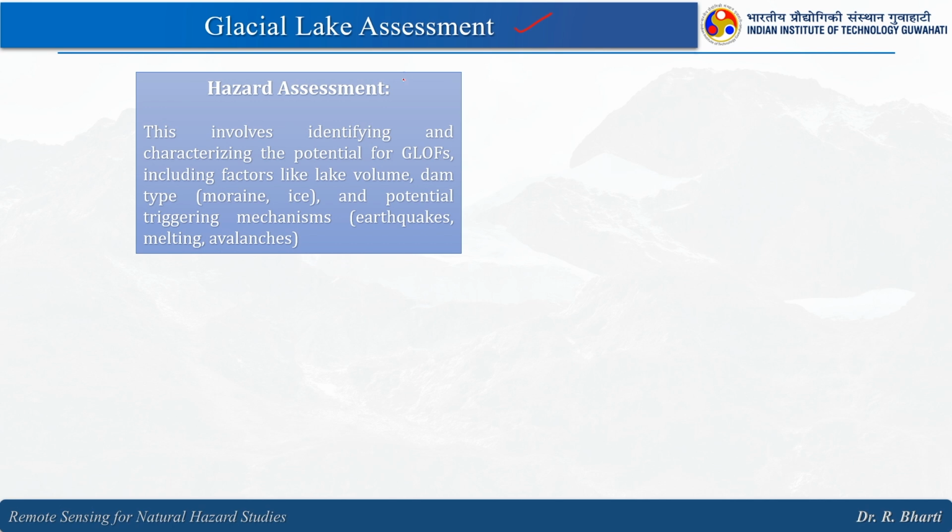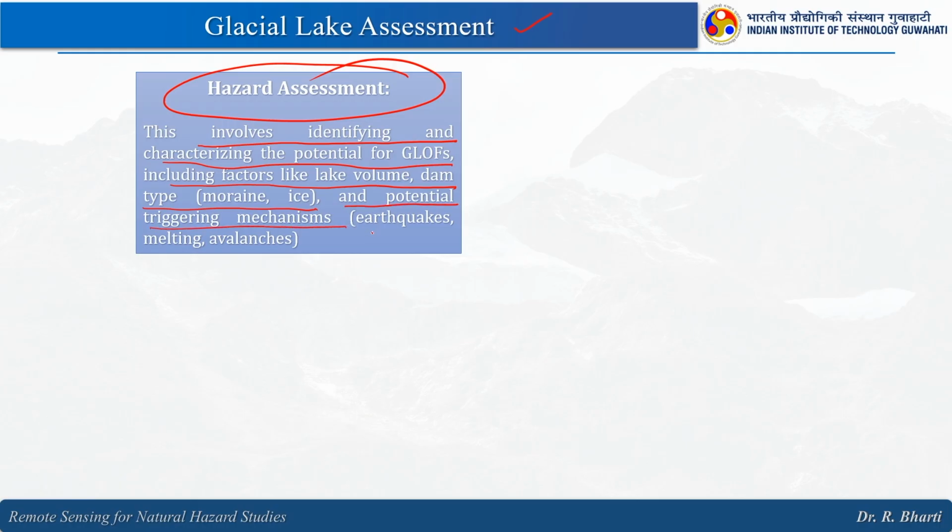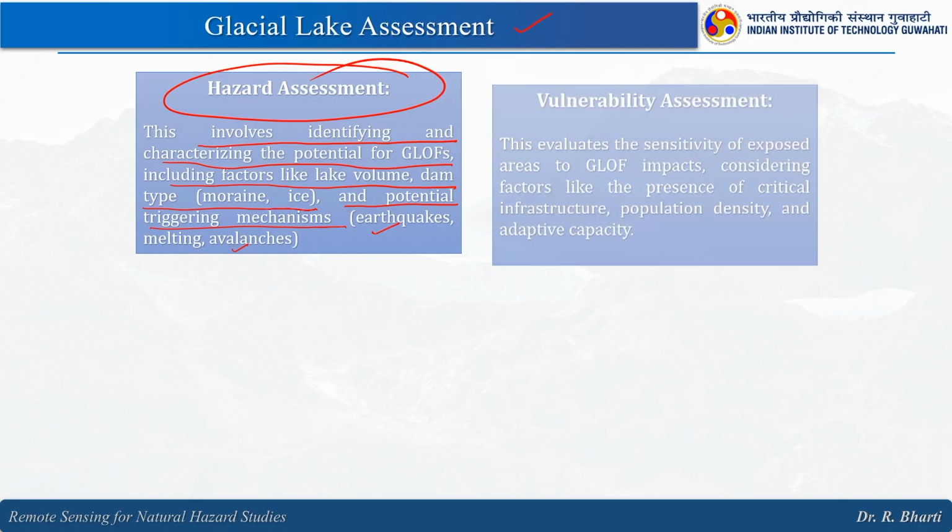So, when we talk about the lake assessment, we have to go for the hazard assessment. This involves identifying and characterizing the potential for GLOFs, including factors like volume, dam type, the moraine ice, and potential triggering mechanisms like earthquake, avalanche or any other activities, right.